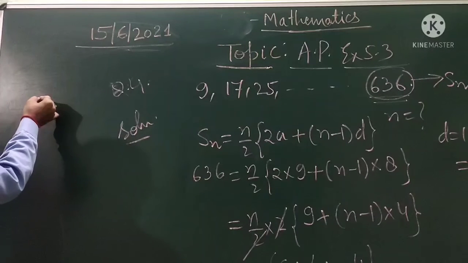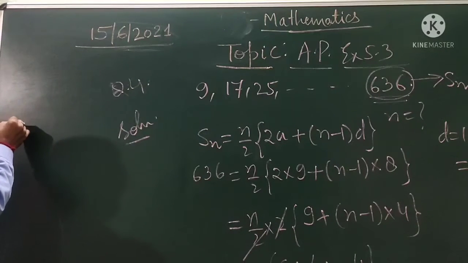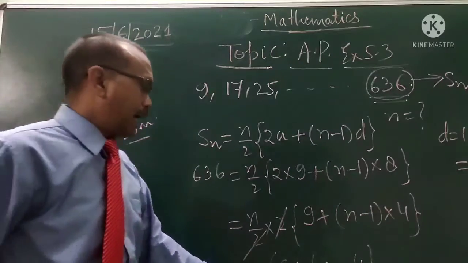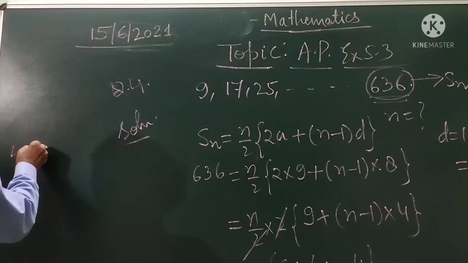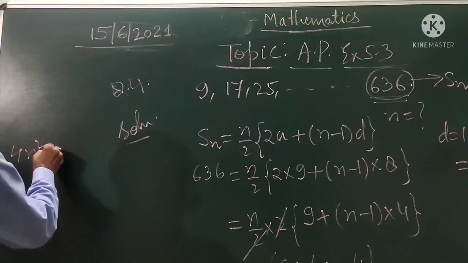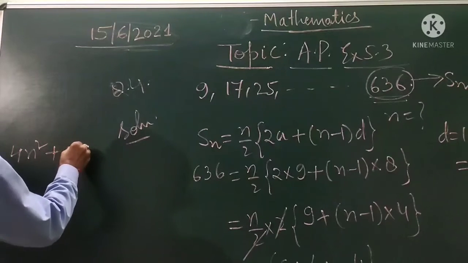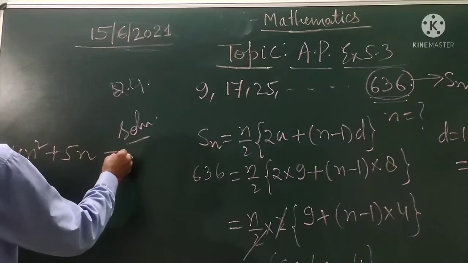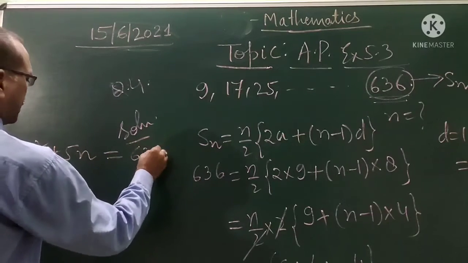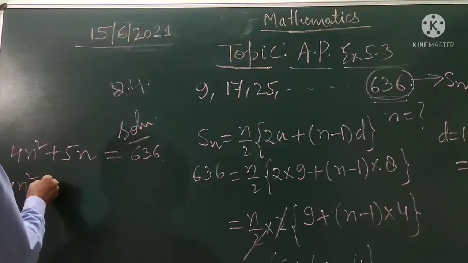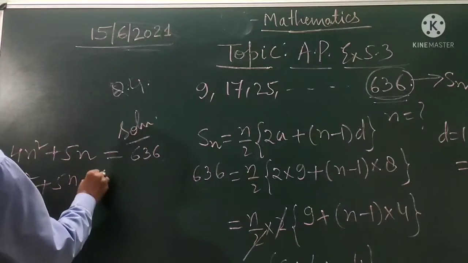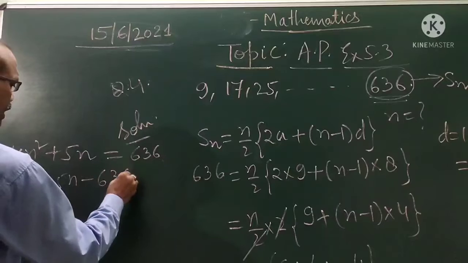We can write it, 9 minus 4 is 5. So it is 4n square plus 5n equal to 636. Now, 4n square plus 5n minus 636 equal to 0.